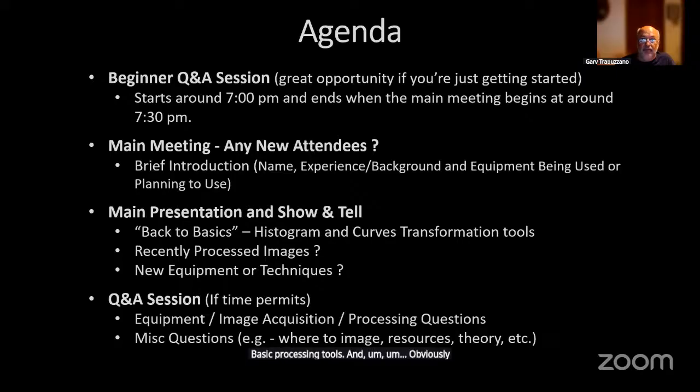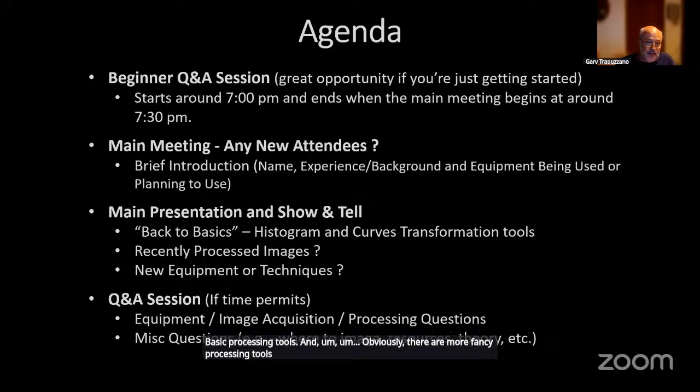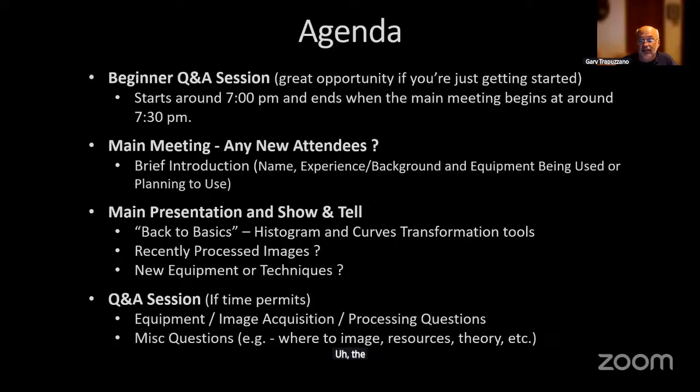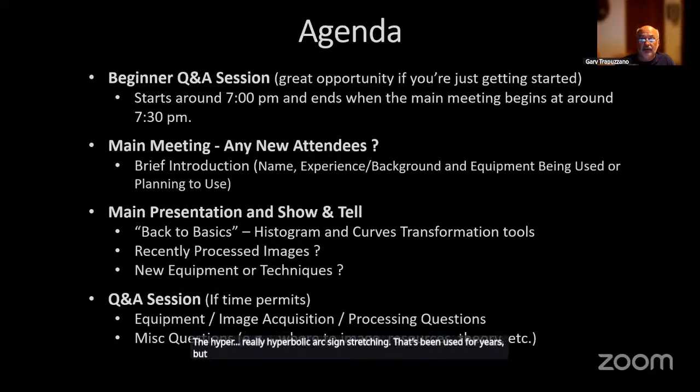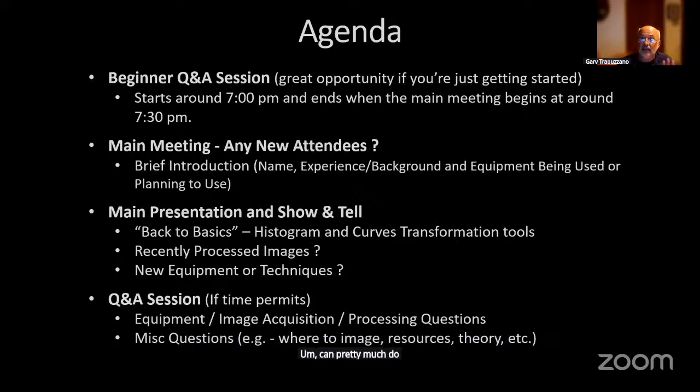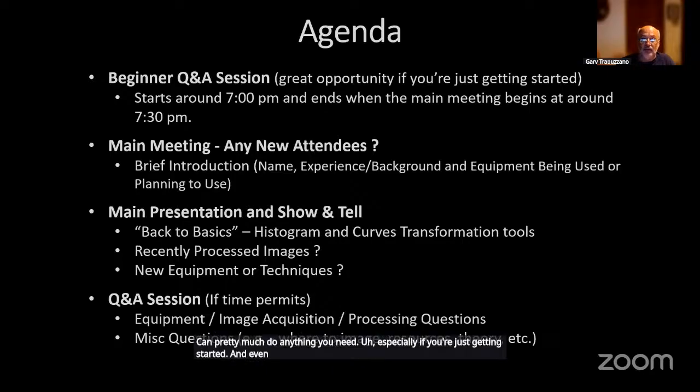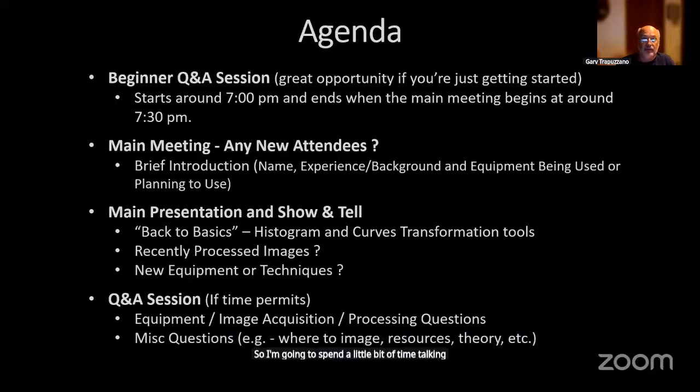Obviously there are more fancy processing tools like the generalized hyperbolic stretch, even the hyperbolic arcsine stretching that's been used for years. But when you really get back to basics, the histogram and curves can pretty much do anything you need, especially if you're just getting started. And even with those other tools, they're still handy. So I'm going to spend a little bit of time talking about those.